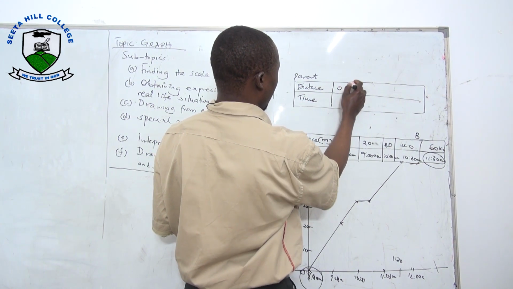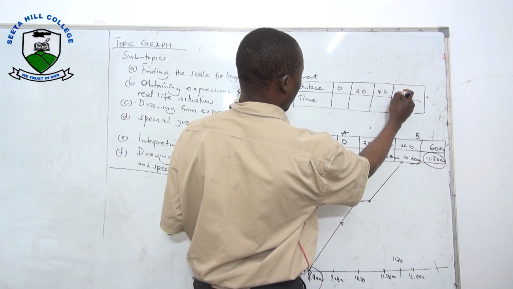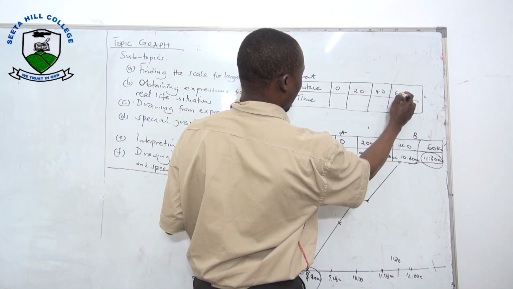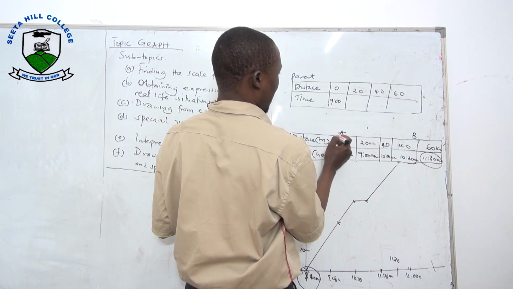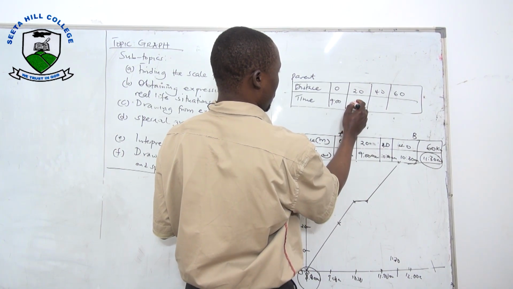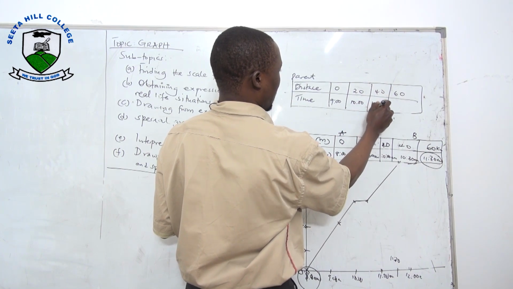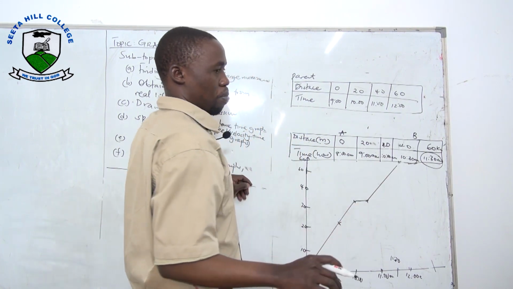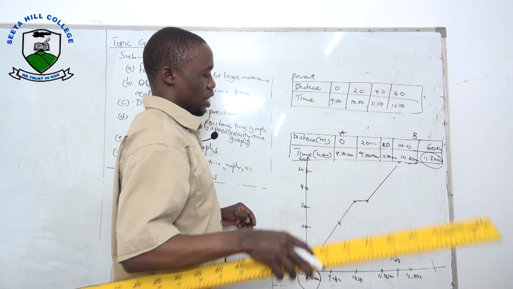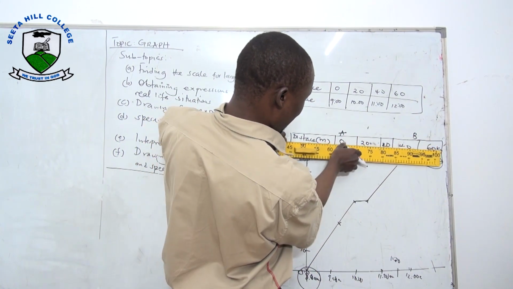He moves a constant distance of 20 for every 1 hour. Started at 9 a.m., 10, 11, 12, not so? Now, the home is here.